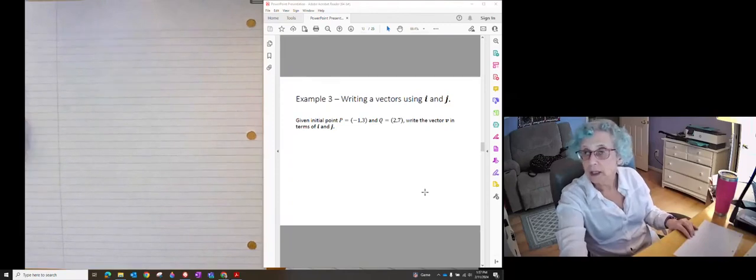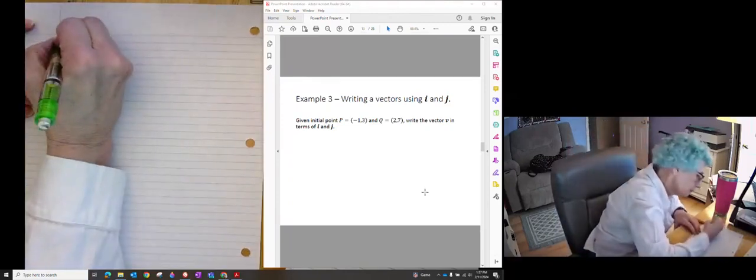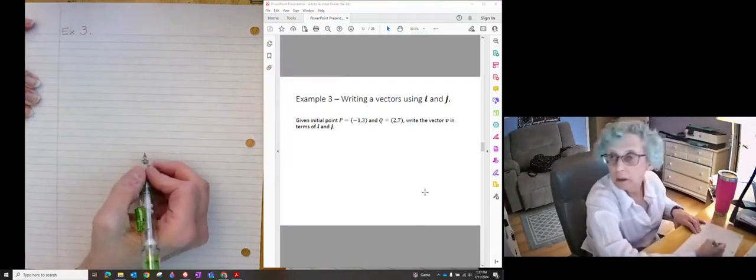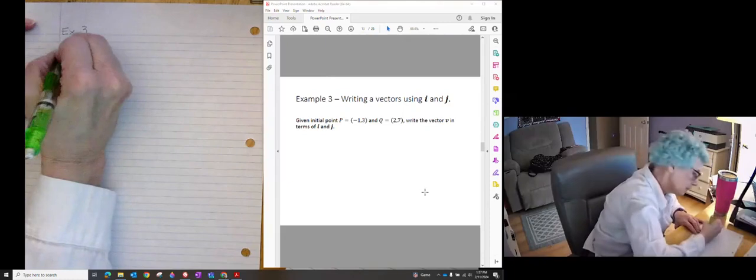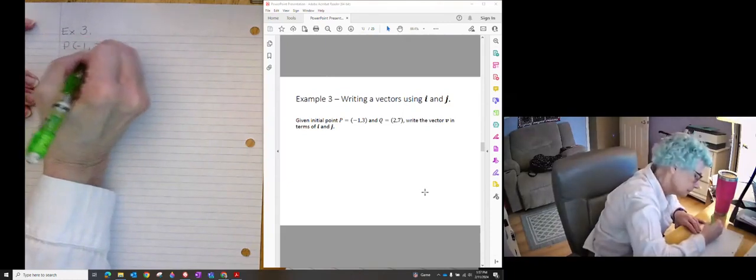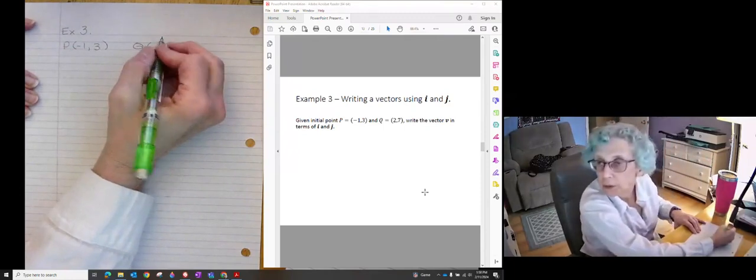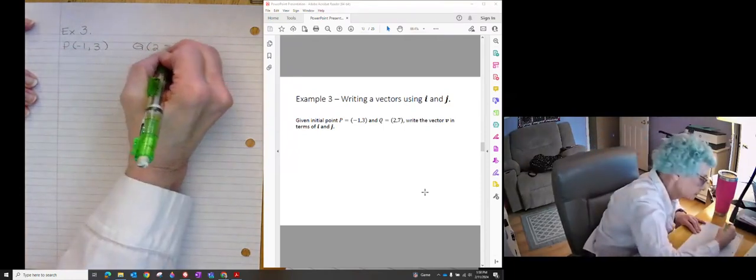So, given an initial point P is negative 1, 3, and Q is 2, 7.